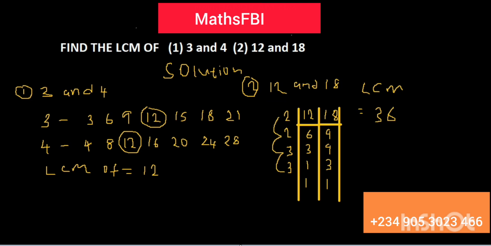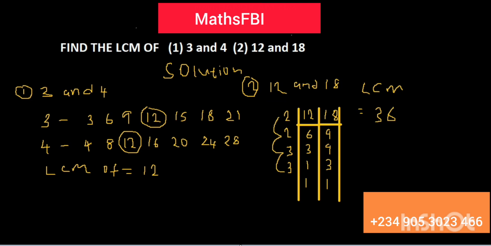Please let me make a recap of today's solution. There are two methods of finding LCM, lowest or least common multiples. The first one is to list out the multiples, and then we select the lowest common multiple of both of them.